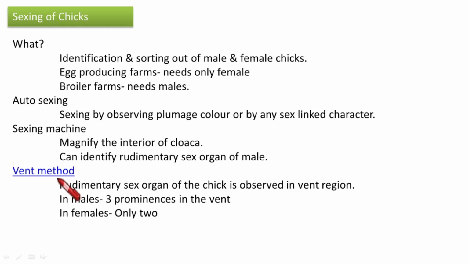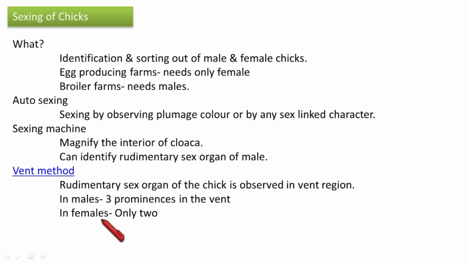Then what is the vent method? The vent method is also observing that cloacal portion, and while observing we can see the rudimentary sex organ. If it is a male, in that vent region, in that cloacal region, or in that opening through which the egg is laid, we can see three prominences, three projections.